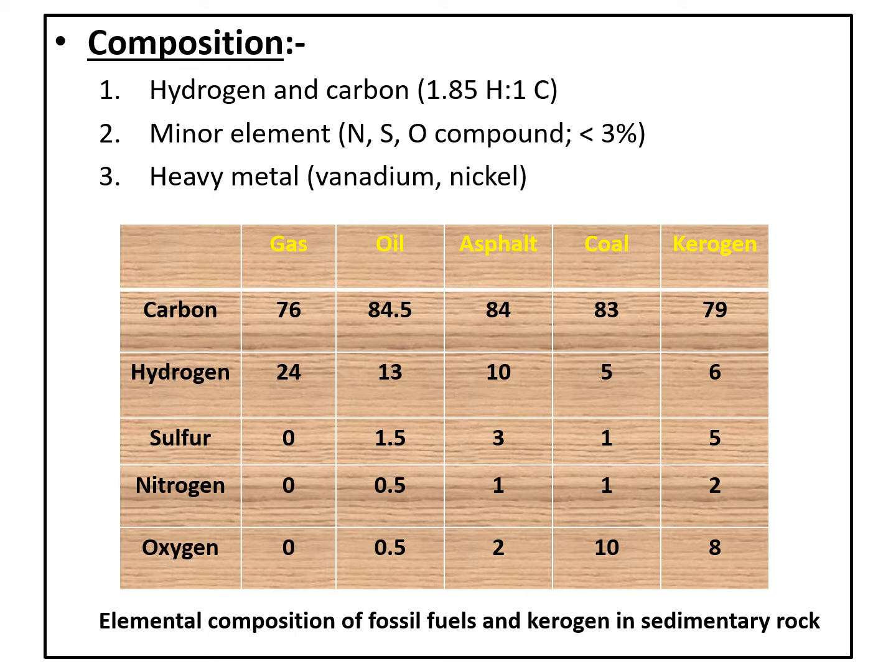So remember, for the API gravity, if you have light oil, the API gravity value is more than 31 API. If you have medium oil, the range of API gravity would be 22 to 31 API. If it is heavy oil, the API values will be 10 to 22 API.